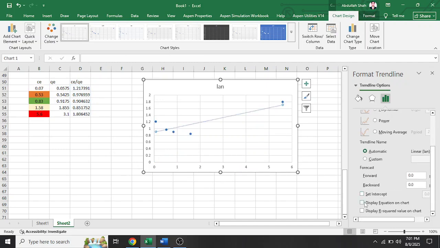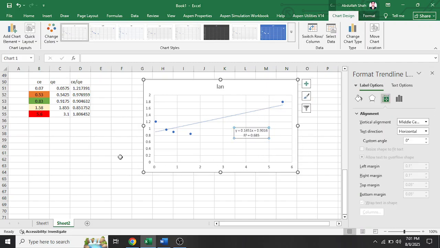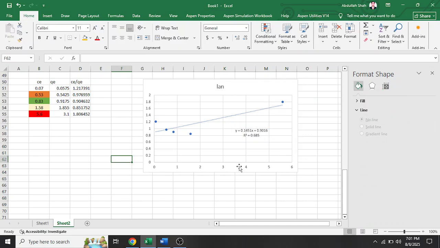Display equation on chart. Select intercept, R square. Okay. So here you can see this is the linear form of the Langmuir isotherm.